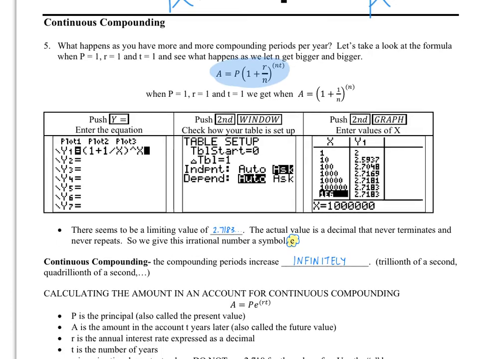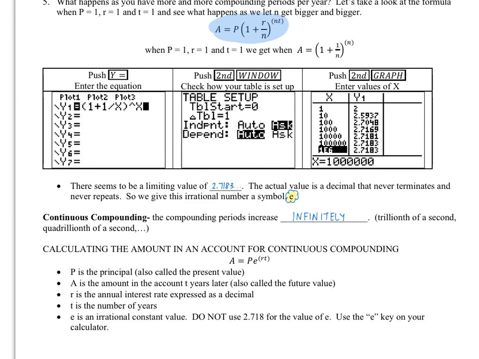So when we're calculating the amount in an account for continuous compounding, so that's kind of key, continuous compounding, I need to see that, we are going to use this formula, and I call it PERT, where E is this irrational number, and you have a calculator key that is E. So you got to find that on your calculator.